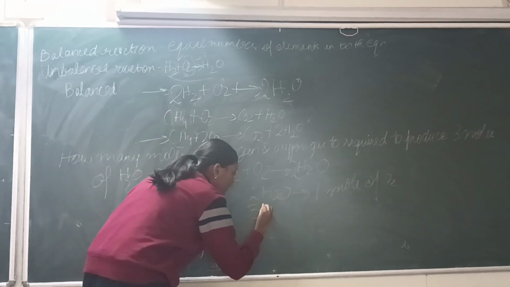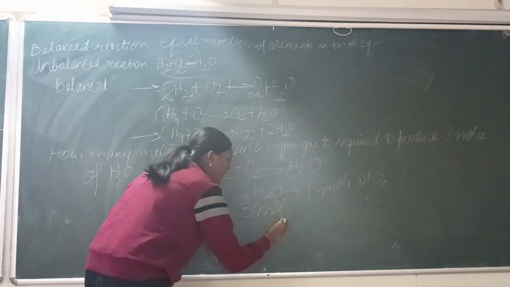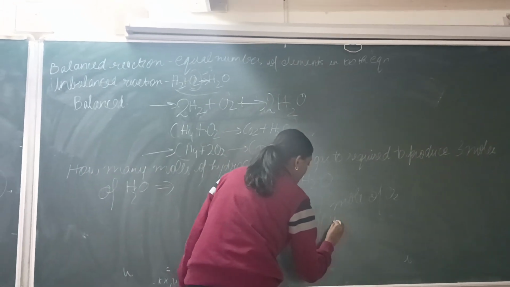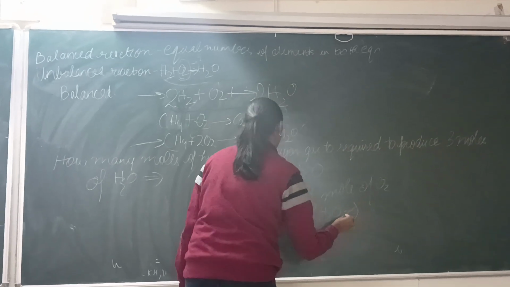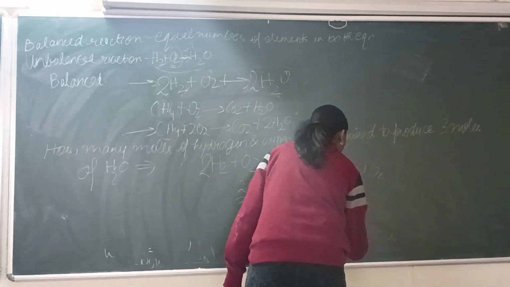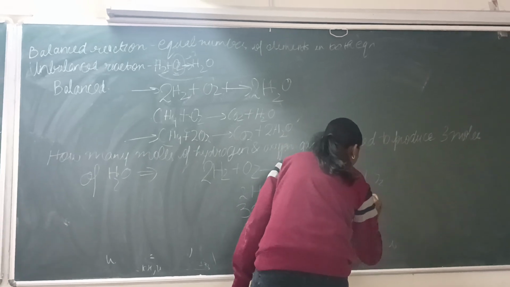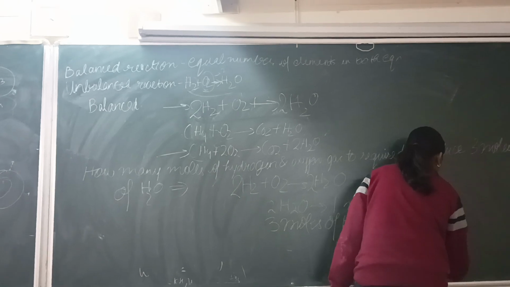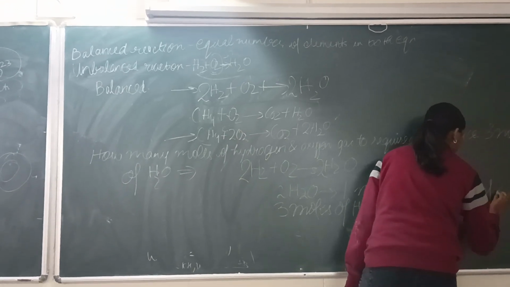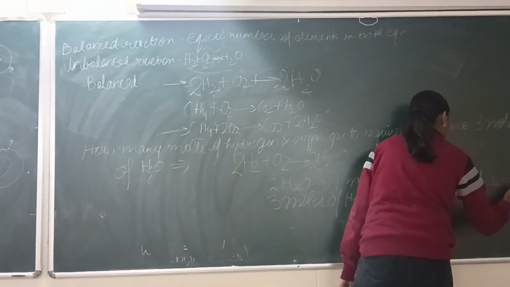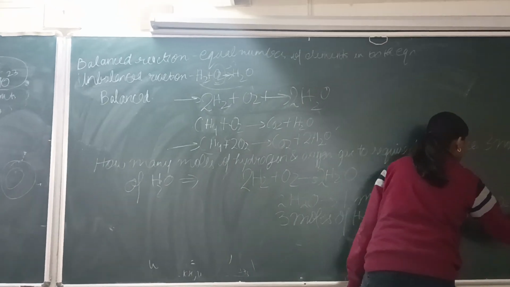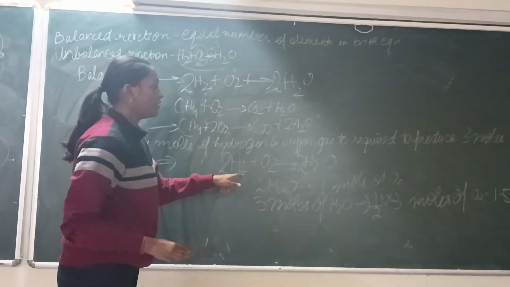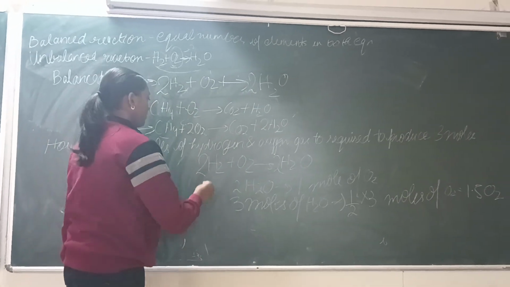So by the simple unitary method, for producing 3 moles of H2O, you will need 1 by 2 into 3 moles of O2, which is 1.5 moles of O2.